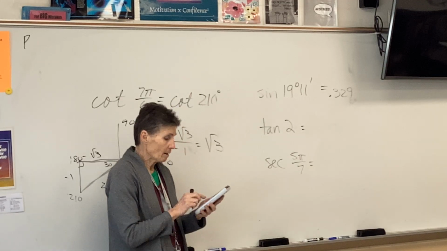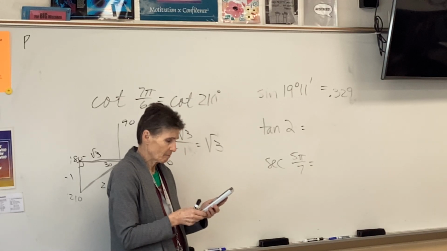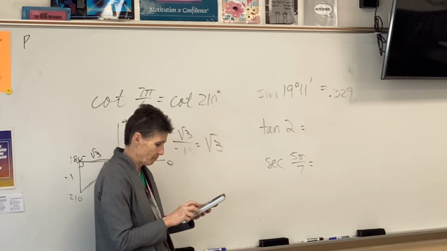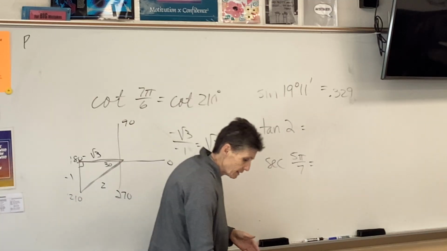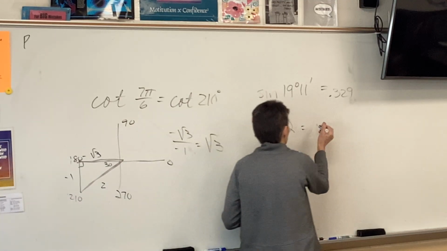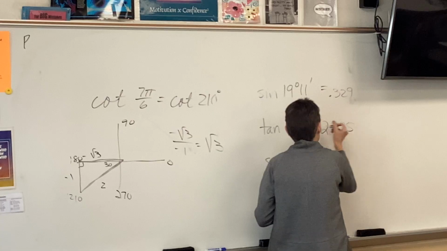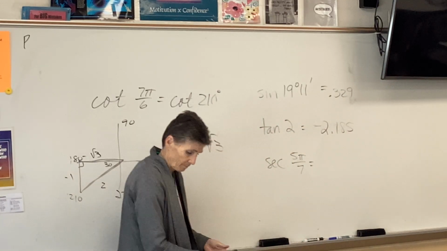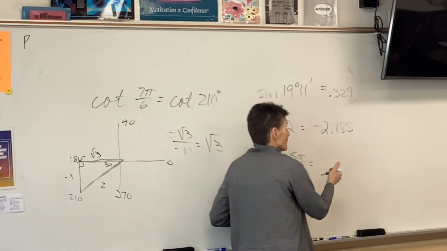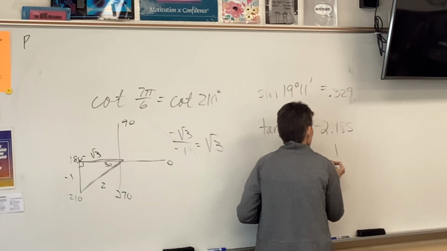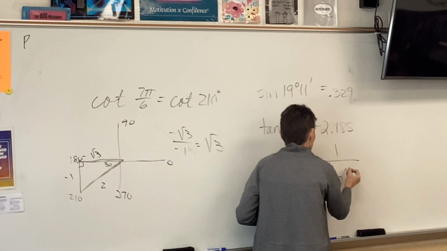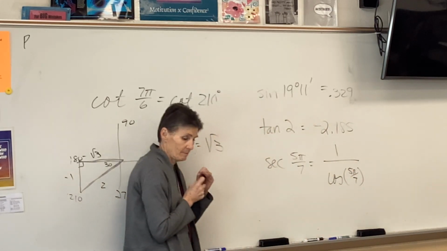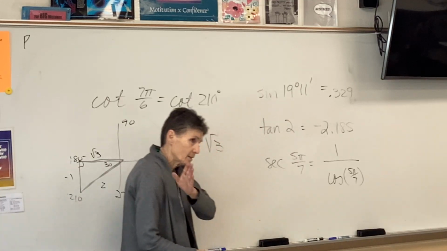All right. Now I'm going to change my calculator into radians. And I'm just going to press tan 2. Negative 2.185. Divided by cosine, 5 pi divided by 7. And use your pi button, which is over underneath the clear.